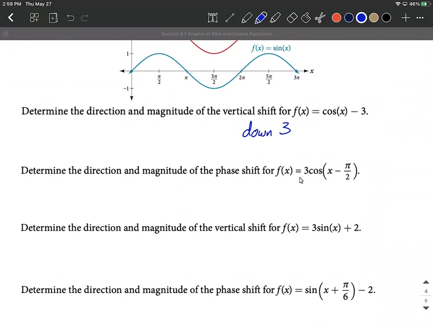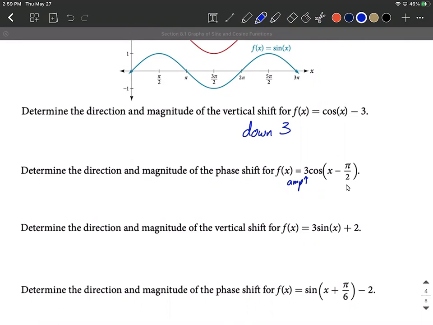Just interpreting this next one, we have 3 cosine of x minus pi over 2. That 3 is going to affect our amplitude, meaning that it's going to go up to positive 3 and down to negative 3.